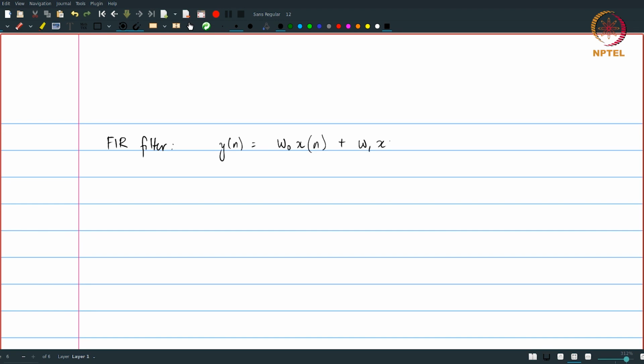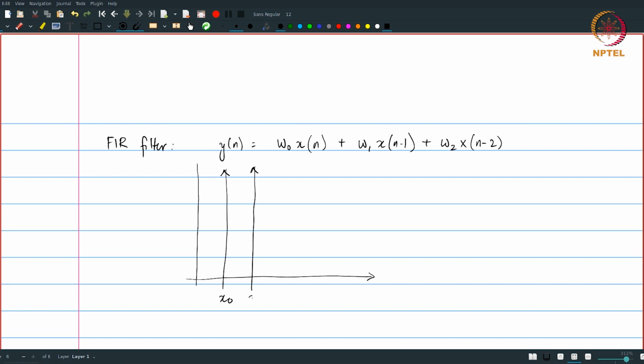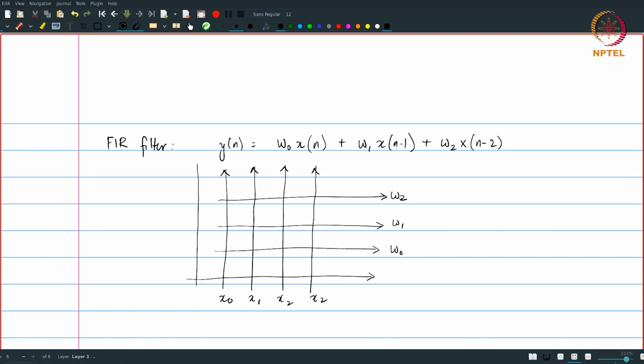W0x of n plus W1x of n minus 1 plus W2x of n minus 2. And the dependence graph that we obtained for this essentially has the x values as vertical lines, with the x index increasing along the horizontal axis, and the three values W0, W1 and W2 for the weights increasing along the vertical axis.